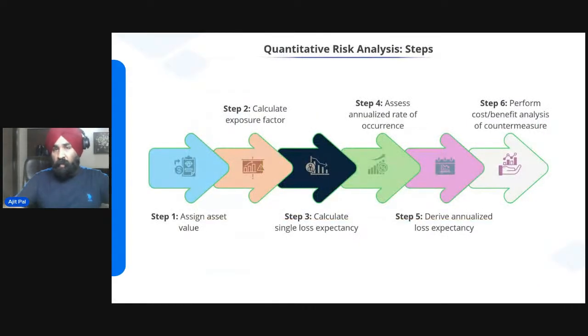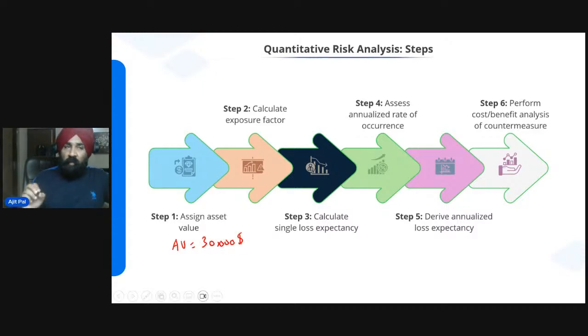Another example, this slide has shown you all the steps in a more concise manner. So let's take another example. Let's take an example of a server. There is a server. Asset value of the server is $30,000. The server faced a DDoS attack, due to which the server is working at 70% of its efficiency.